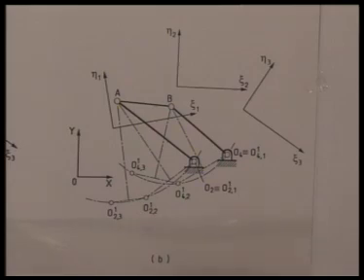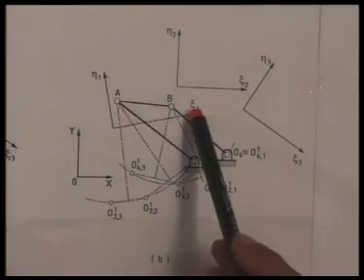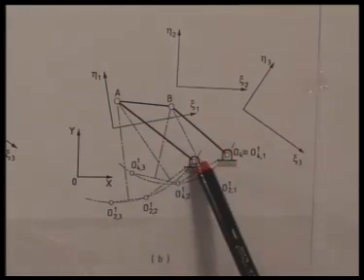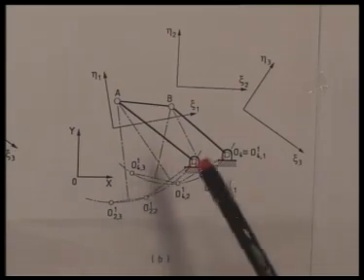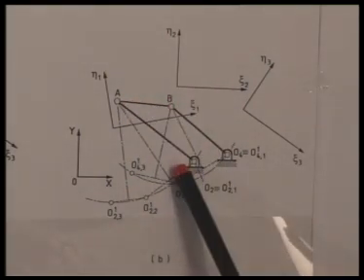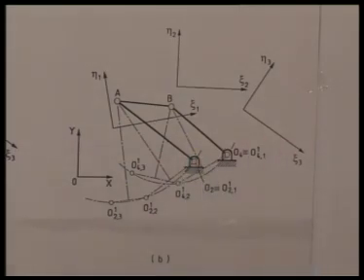We make a kinematic inversion, hold the coupler fixed in its first position and allow the fixed link to move, and determine where these points O2 and O4 go to keep the same relative movement between the coupler and the fixed link, which remains invariant for a given mechanism. Now you note O2, I call O2 1 1.